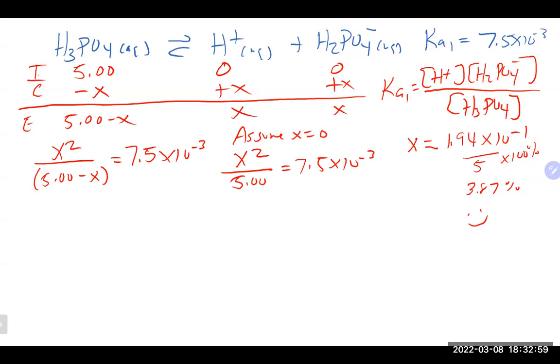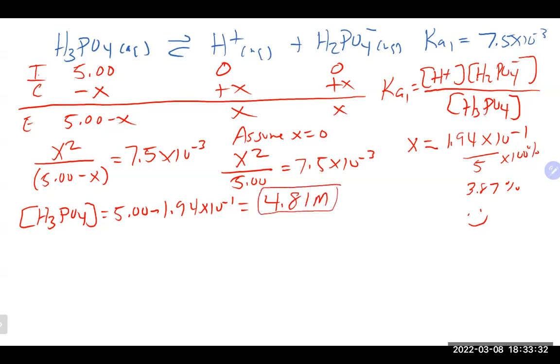All right, so we now have an x value at this point, and if we look at our table, this will give us, from the very first table, a bunch of information. It will give us the concentration of H3PO4 at equilibrium, and that would be 5 minus 1.94 times 10 to the minus 1, which gets us about, we'll call it, 4.81 molar.